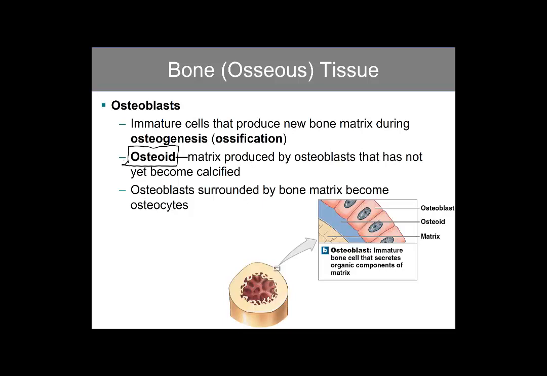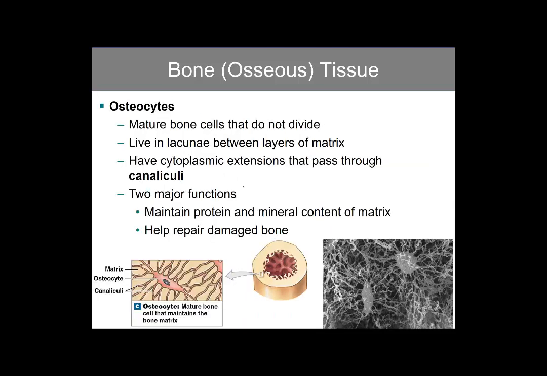Osteoblasts, once surrounded by matrix, further differentiate into osteocytes. Osteocytes, mature bone cells, do not divide. They live within those little cavities that they occupy called lacunae, found within the layers of the matrix. They're stellate in appearance, so they have these cytoplasmic extensions.